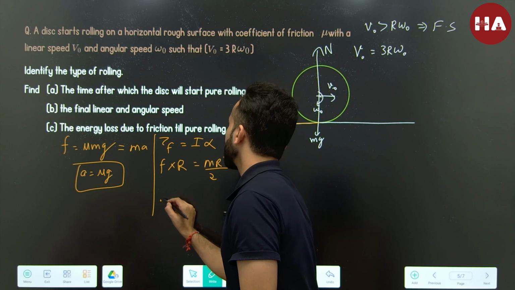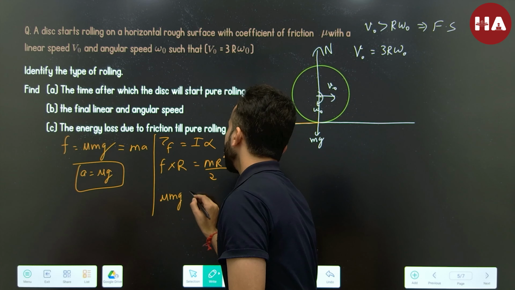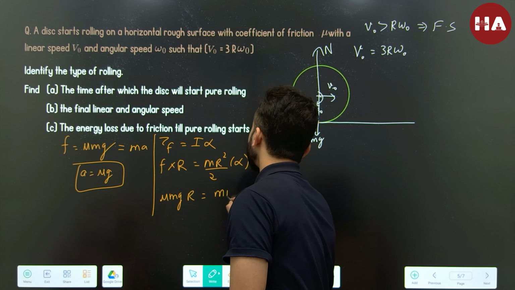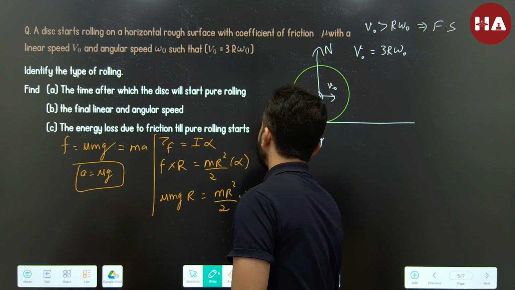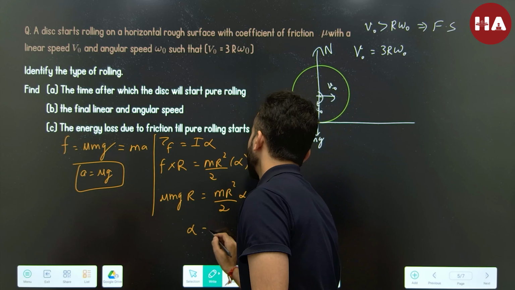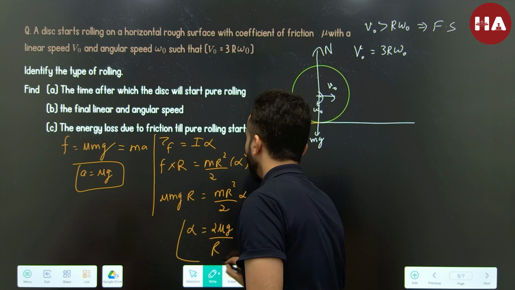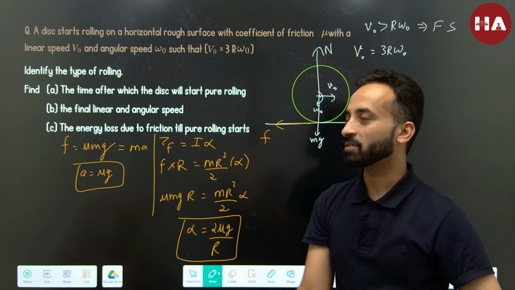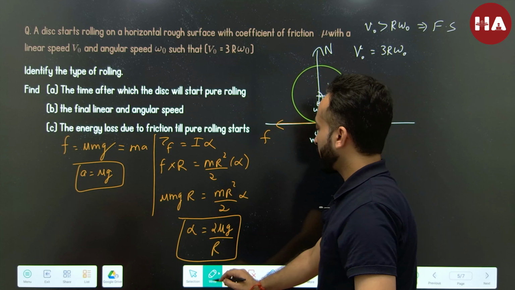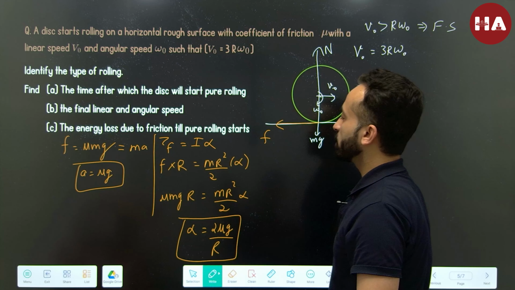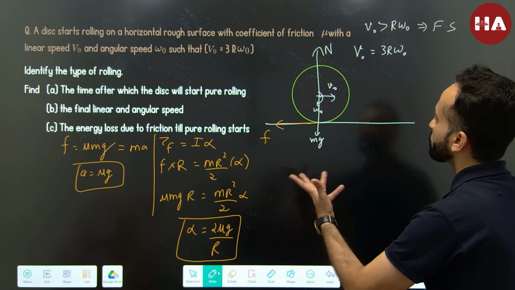So friction mu mg into r is equal to m r square by 2 into alpha. So alpha turns out to be 2 mu g upon r. I've done my preparation to solve this numerical. I've calculated the value of a, and I've calculated the value of alpha that the friction is providing.